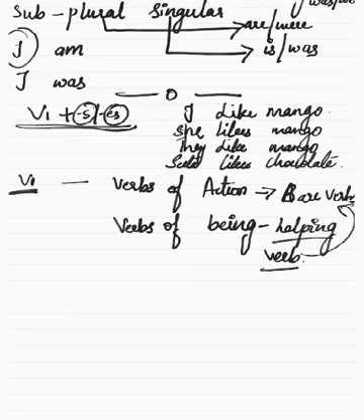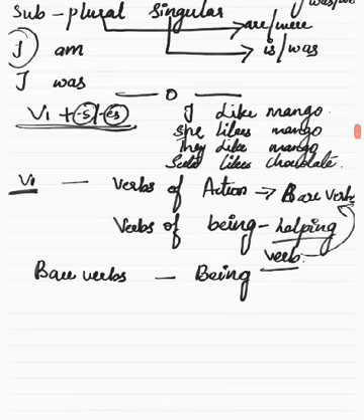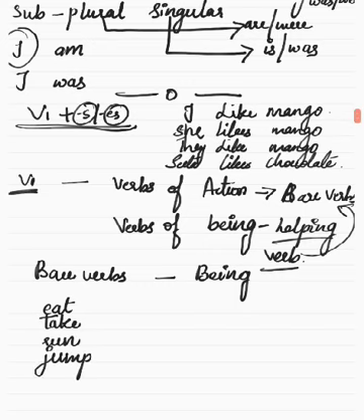For example, here I will write bare verbs, and here verbs of being. Eat, take, run, jump, grow.